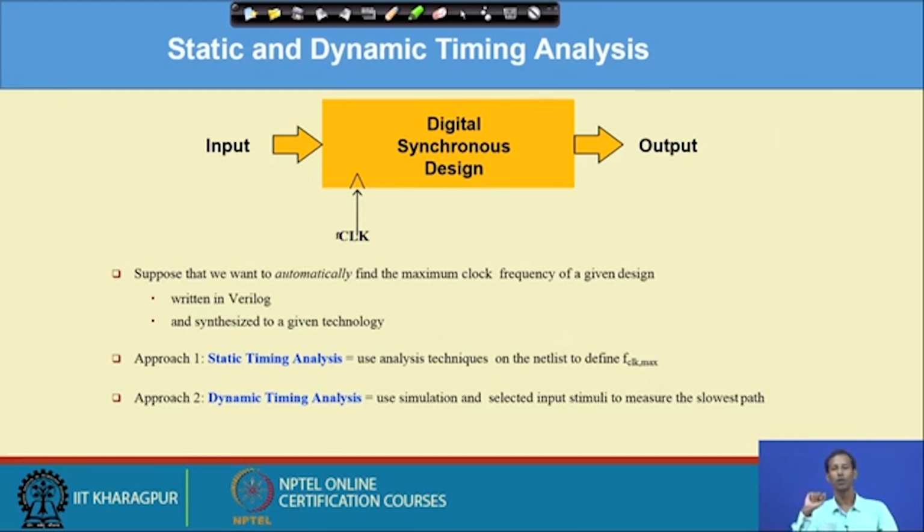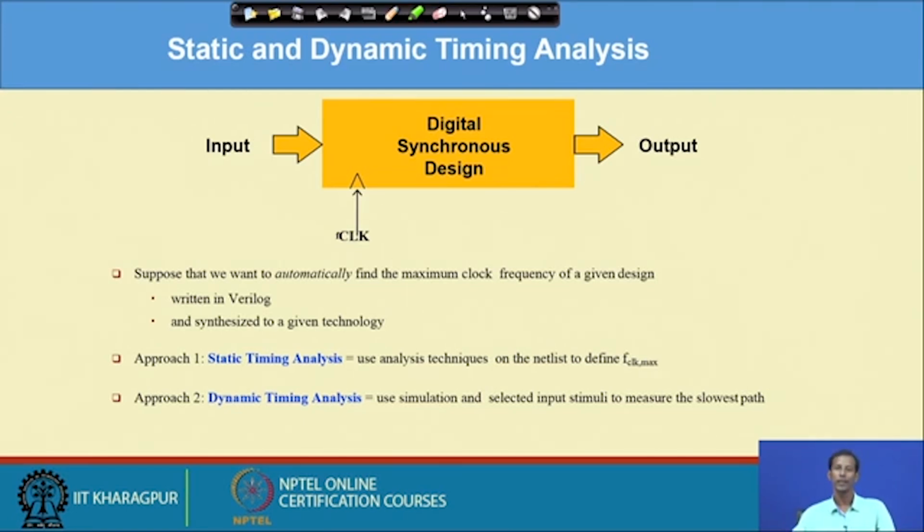Before the execution of that path completes, your data will be changed at the input side, though the operation is yet to be completed, because it requires 10 nanoseconds but you are changing the input at 9 nanoseconds. Though the operation is not completed, you are changing the data, so it will take the next data for the computation again. So, at the output you will not get the proper result.